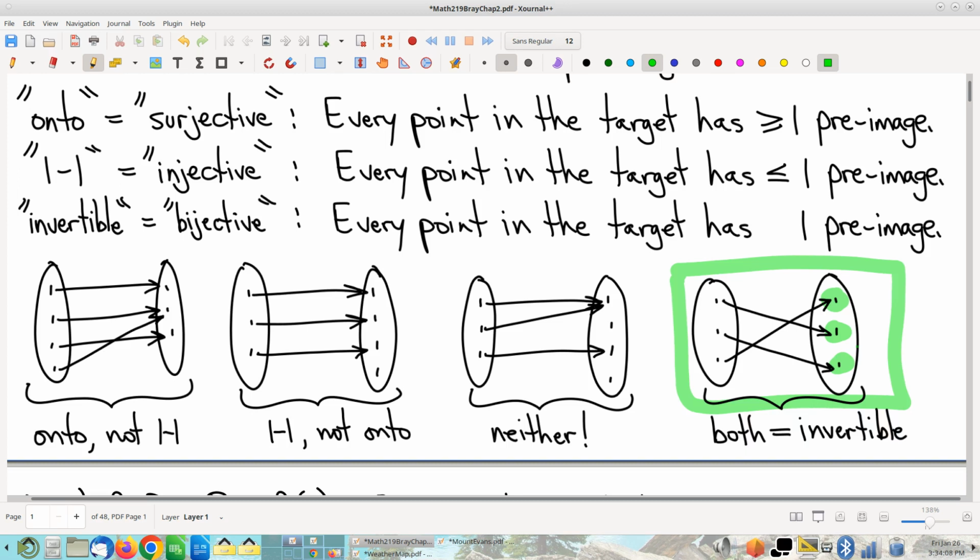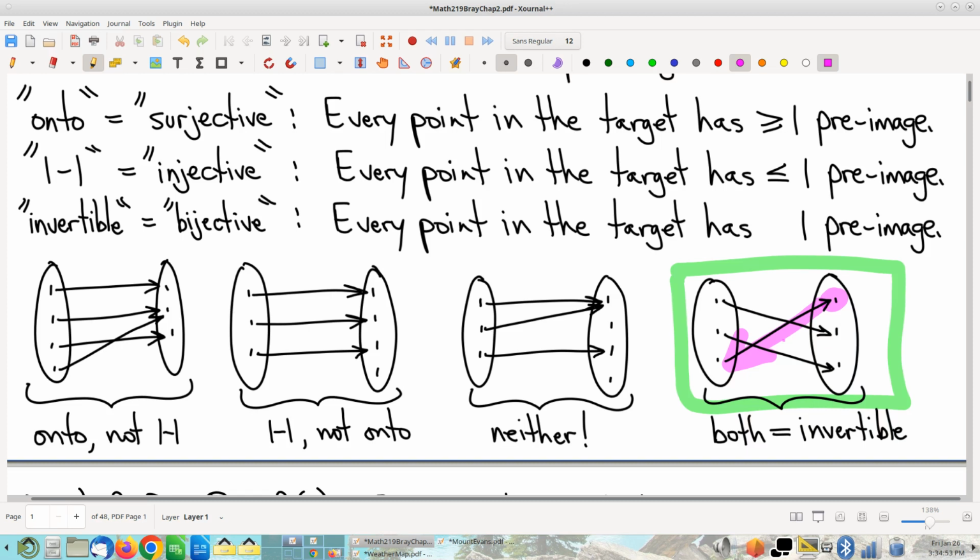So why do we call such a function invertible? Well, because if I were going to invert this function, if I wanted to go the other way, from right to left instead of left to right, and if I wanted that to be a function, I would need to know that for every point over here in the target, which will now be my domain for my new inverse function, there is exactly one preimage of the original function, now the image of the inverse function, that this goes to.